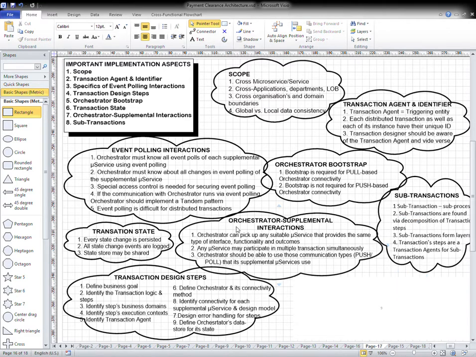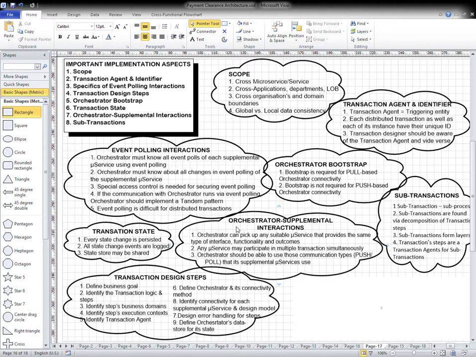Sub-transactions usually exist for relatively complex transactions, and they act the same way as sub-processes for processes. Sub-transactions are found or may be uncovered through the decomposition of each transaction step. There may be one sub-transaction, multiple sub-transactions, or a sub-transaction of a sub-transaction.